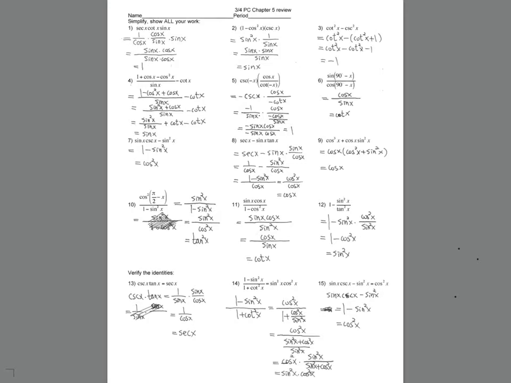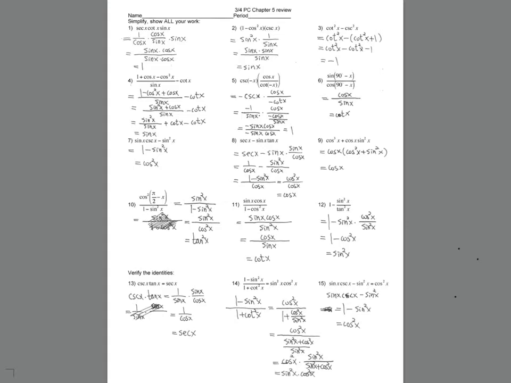I just go ahead and rewrite it into 1 plus cosine square x over sine square x, which is the quotient identity. From there, I can reduce and combine, make the same denominators. So I have sine square x times cosine square x.